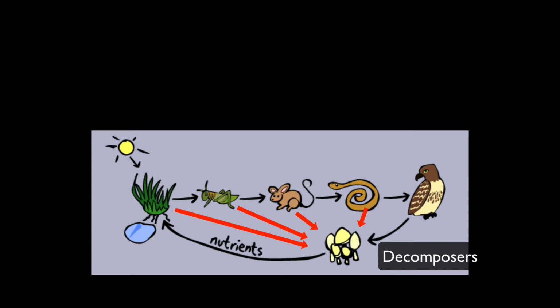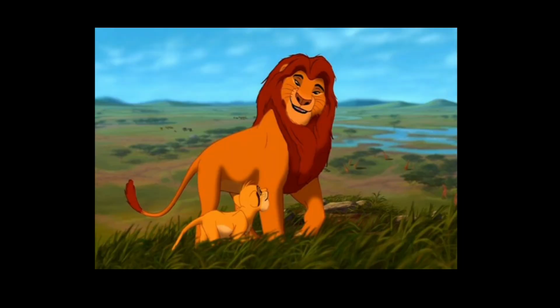And then when they get decomposed, they turn back into soil, which then plants can use to build their parts. And it's kind of like a cycle. If you remember when we looked at The Lion King, where Mufasa was talking to Simba, and he was talking about the cycle of life or the circle of life, and how he would die and then turn to grass, and then the antelope would eat the grass, and then just continuing that cycle.